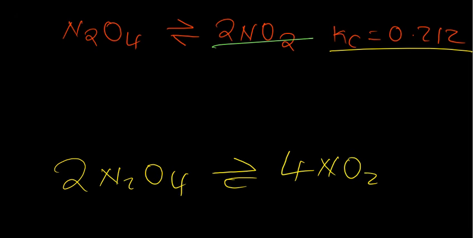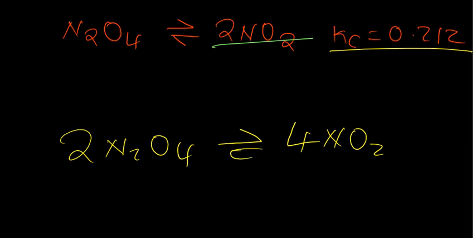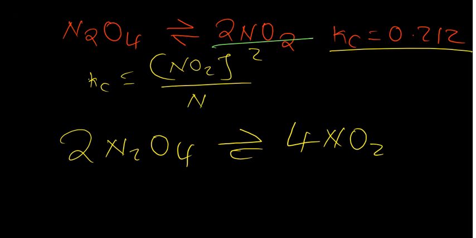So all the same, we can try to write the Kc value. For our first reaction, it will still be dependent on the same equation, NO2 to the power 2 over N2O4.